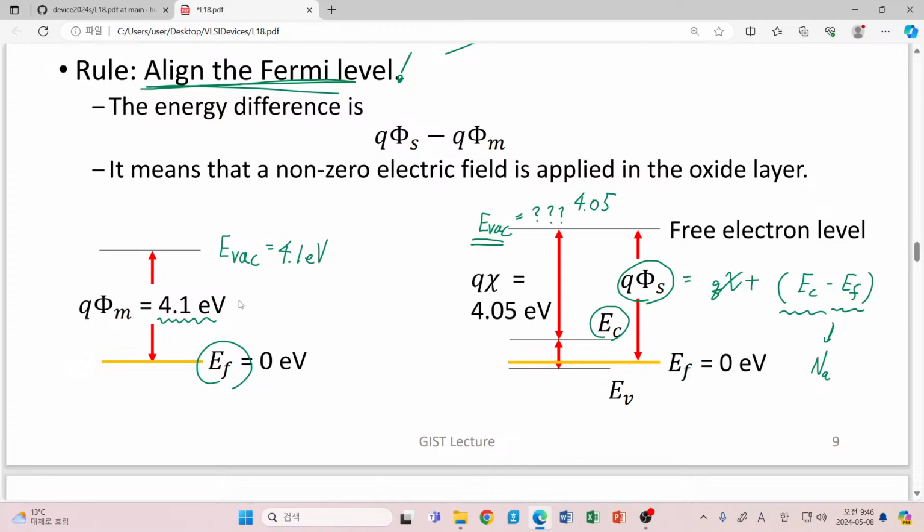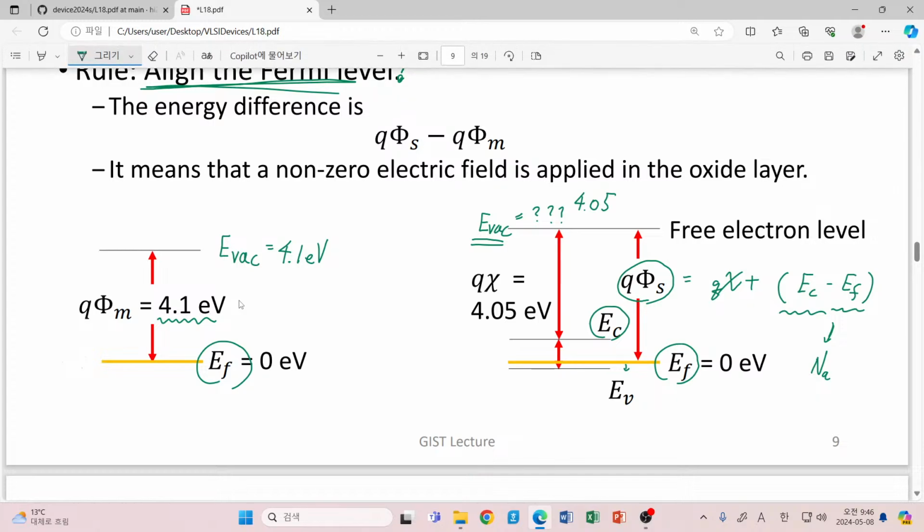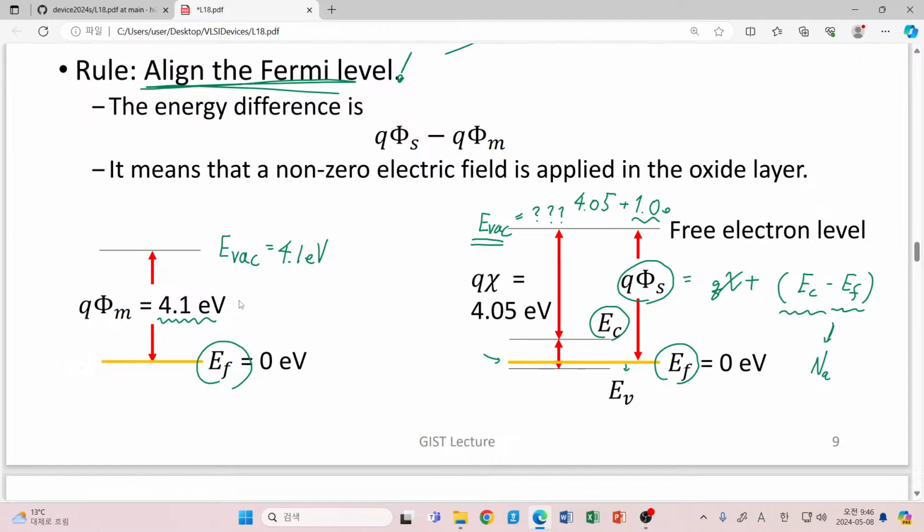And if you introduce a very high acceptor density, then your Fermi level will closely approach your valence band. So roughly you can say this is around 1 electron volt. Although we have no clear idea about the exact value of this Fermi level, with sufficiently high doping density it is close to the valence band.